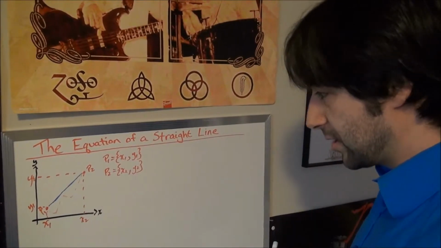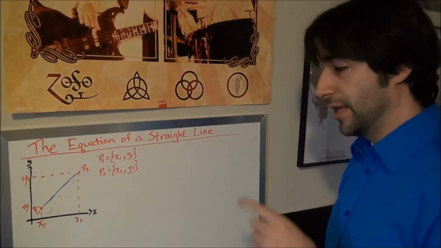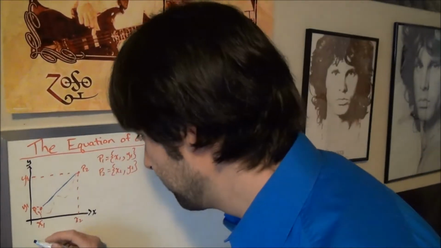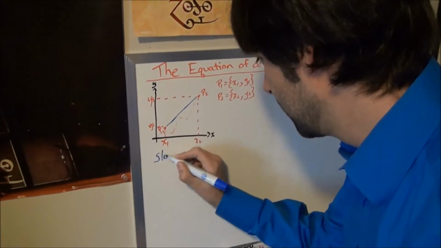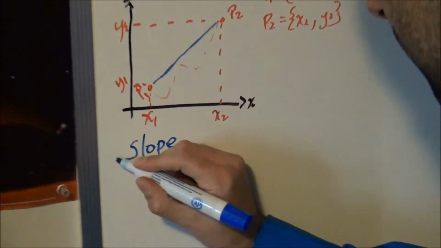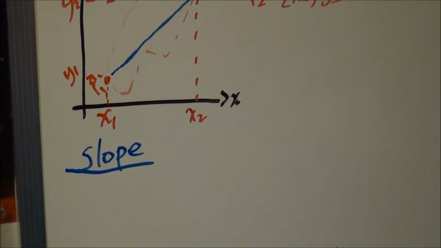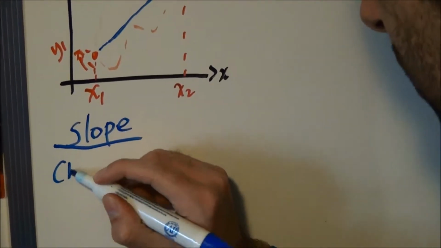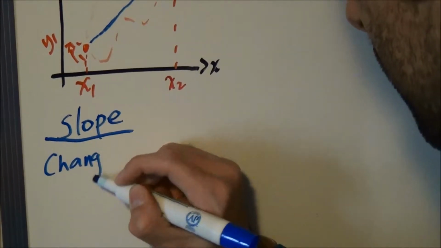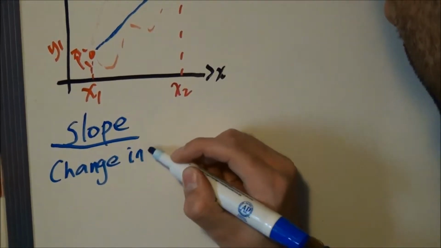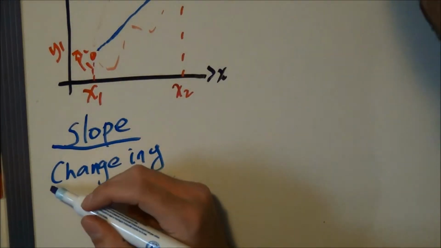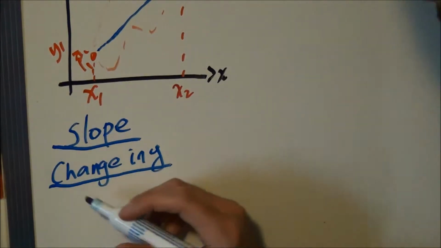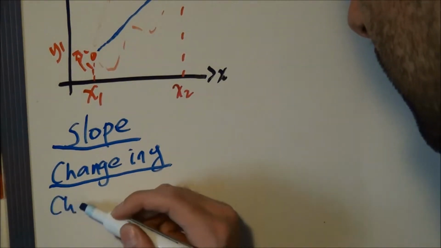In order to do this, though, we will need to know how to calculate the slope of that line. The slope is defined as the change in y over the change in x.